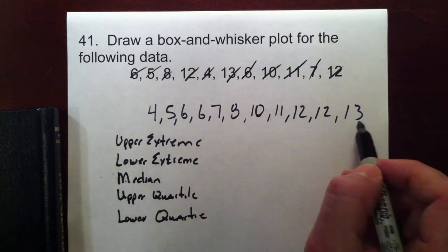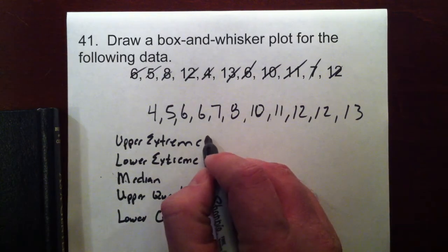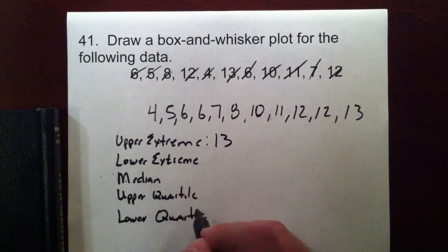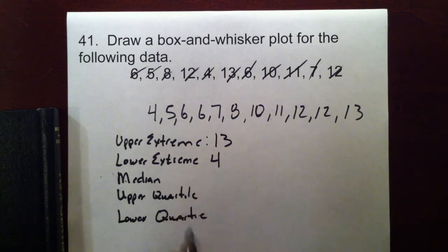Well, the upper extreme is the highest number, so we have 13. Lower extreme is 4, so we've got that.